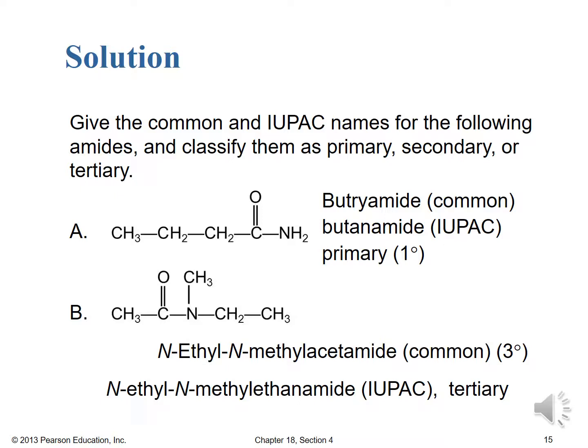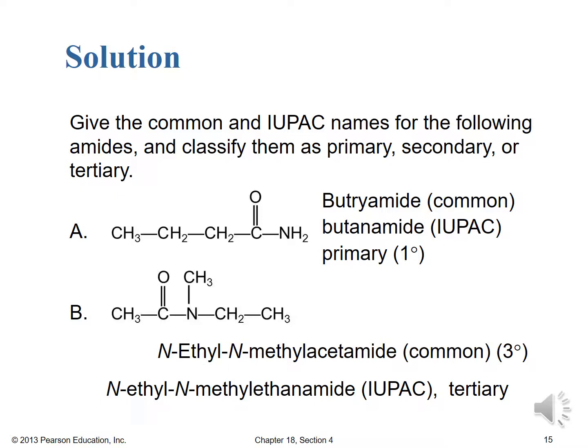In the case of structure B, we have the nitrogen containing an ethyl group and a methyl group, and then it's bonded to the carbonyl of what used to be acetic acid by common naming or ethanoic acid by IUPAC naming. Either way, it's an ethanamide or an acetamide because of that 2-carbon group that has the carbonyl.